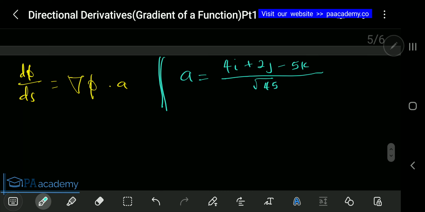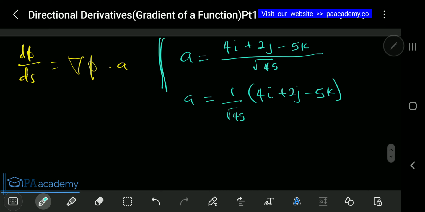This should be rewritten as 1 over root 45, into the bracket 4i plus 2j minus 5k. Make sure you put it in this form so that it will be easy for you to find the dot product.